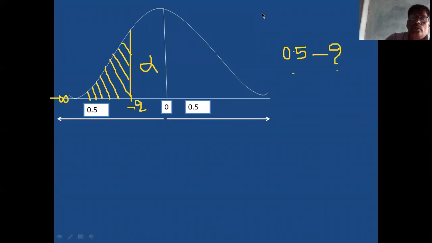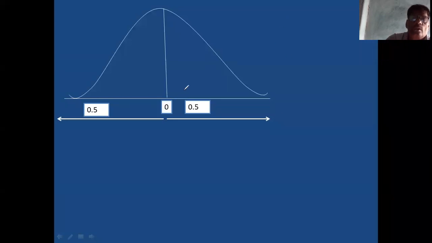One more example I'll tell you. If you want to know the area between -2 and +4, what is the area between -2 and +4?